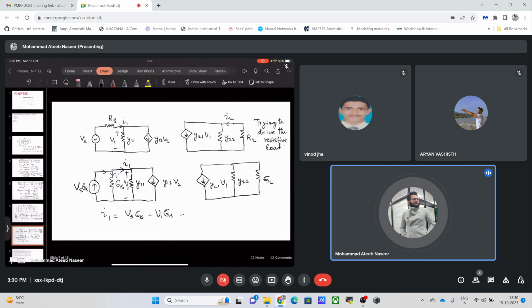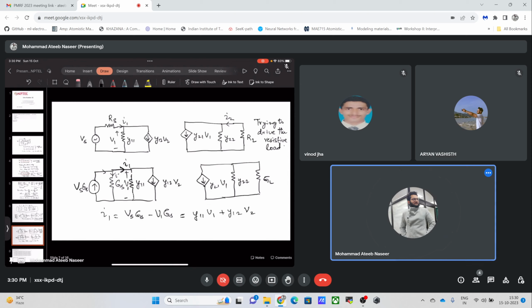This is simply using the KCL, and I1 is also equal to Y11 times V1 plus Y12 times V2. I have done a small manipulation that the incoming current is equal to the outgoing current.